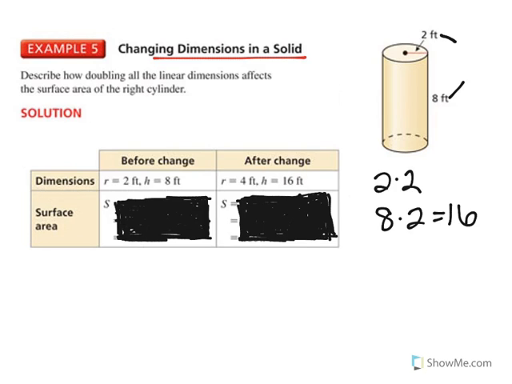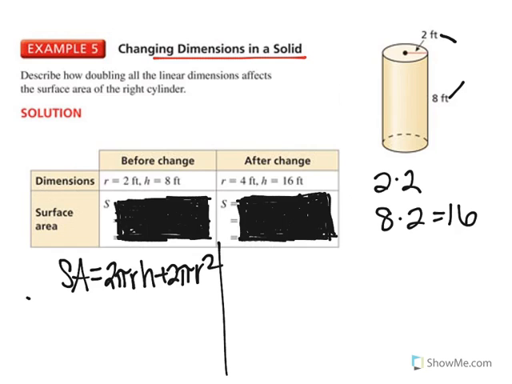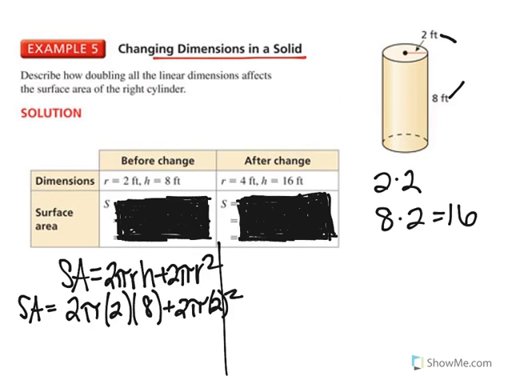Alright, so let's plug this into our surface area formula. Surface area before the change is 2 pi r h plus 2 pi r squared. So 2 pi, we know our radius is 2, height is 8, plus 2 pi 2 squared.